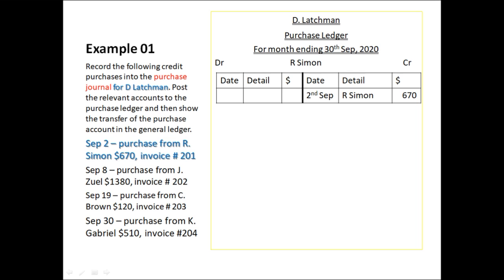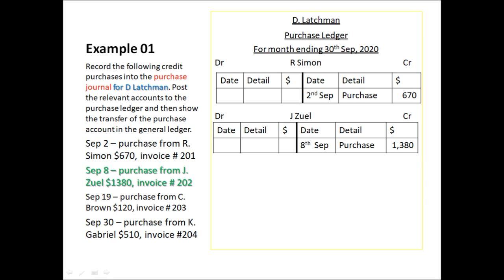So R. Simon is losing goods, so we have to record it on the credit side because he's giving out goods without getting any cash in return. So we place the relevant information: the date, the 2nd of September, the detail, which is purchase, and the amount of money that he gave us on credit, which is $670.